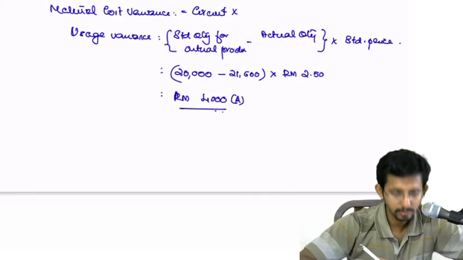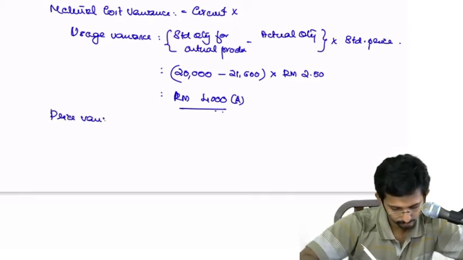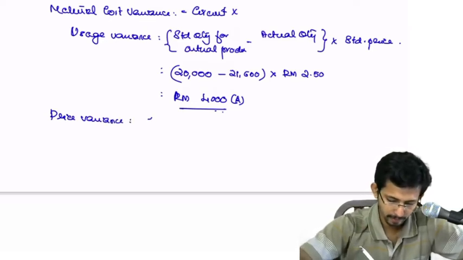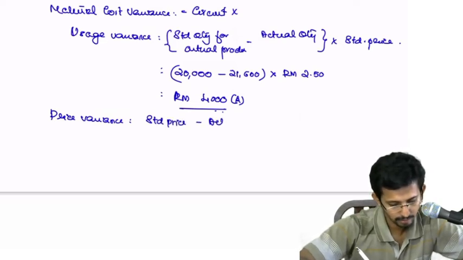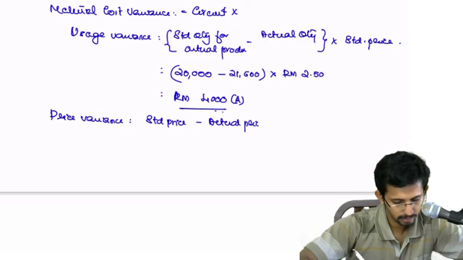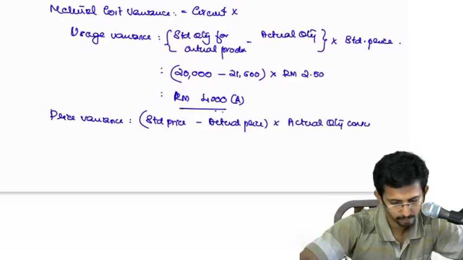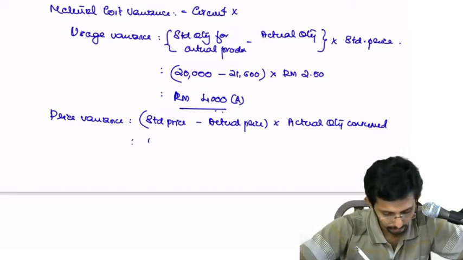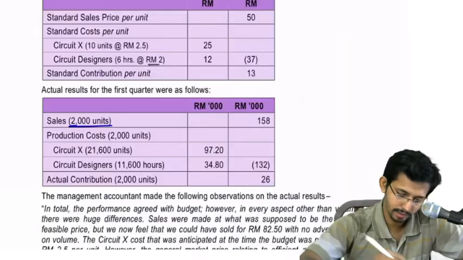Okay, next is price variance. How do you compute price variance? Standard price minus actual price into actual quantity consumed. Standard price is 2.50 and actual price is how much?